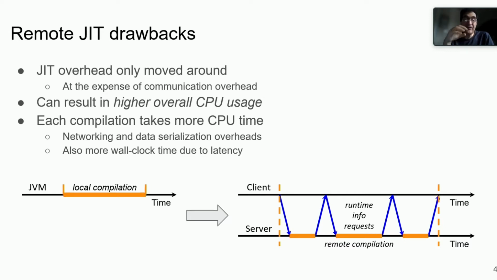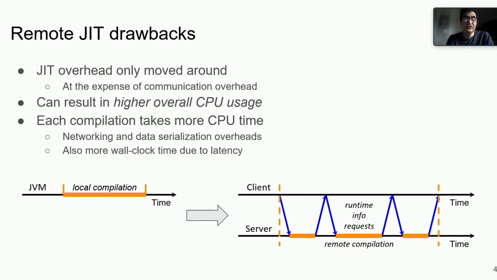It's quite unfeasible for the client to anticipate everything the server needs and embed all that information in the compilation request. Yes, JITServer tries to cache as much as it can, but with a dynamic environment like Java, where classes are loaded, unloaded, modified at runtime, caching has its limits.